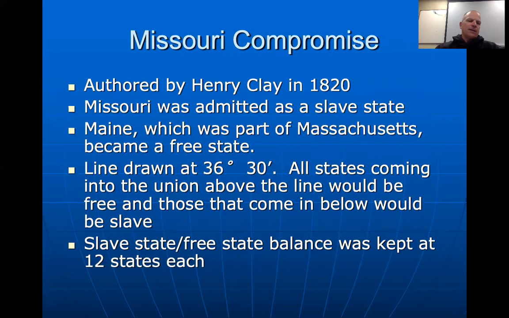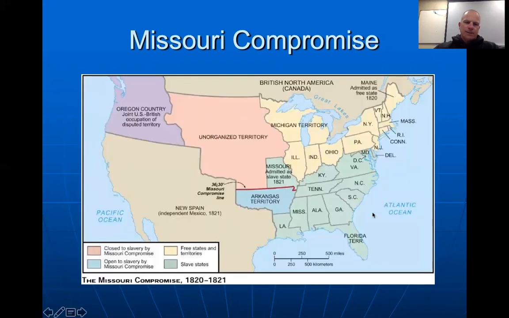The other thing that they did here is they drew an imaginary line right here. Here's an imaginary line at 36 degrees 30 north latitude on the map, and said, in the future, any territory coming in above the line was to be free territory.